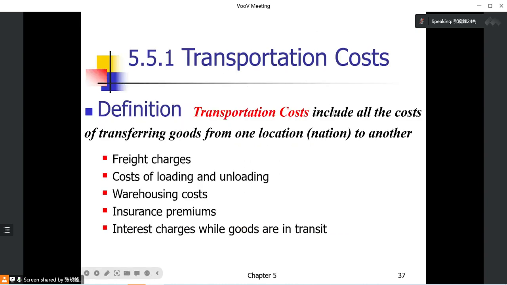What are transportation costs? They include all the costs of transferring goods from one location to another. It is easy for us to understand: freight charges, cost of loading and unloading, warehousing costs, insurance premiums, and interest charges while goods are in transit.